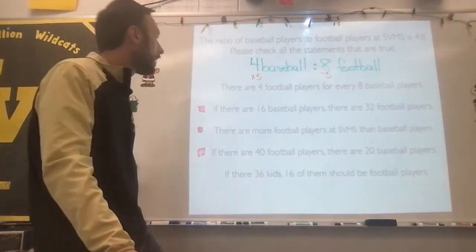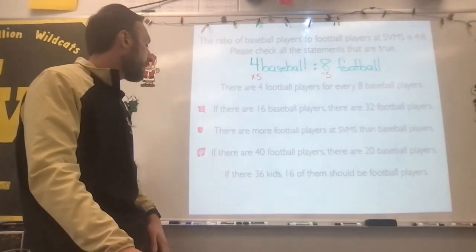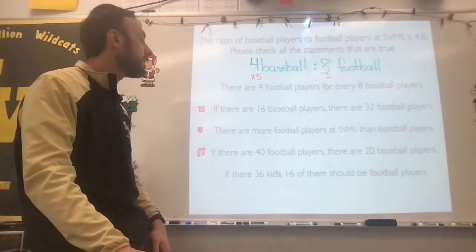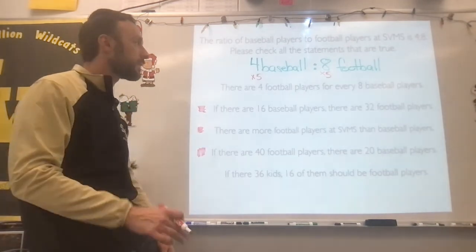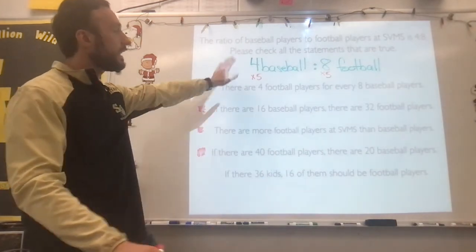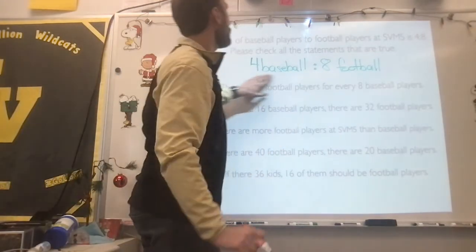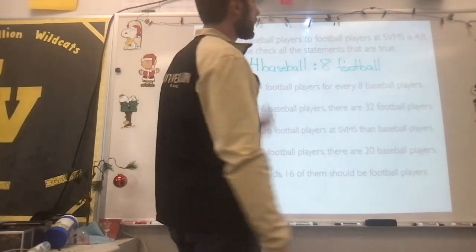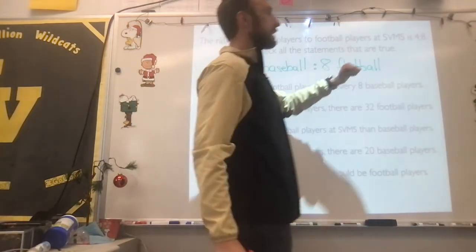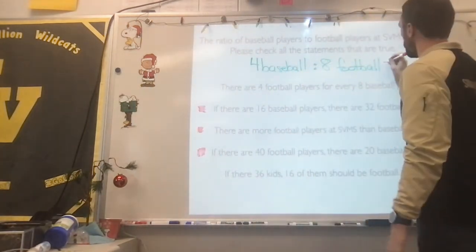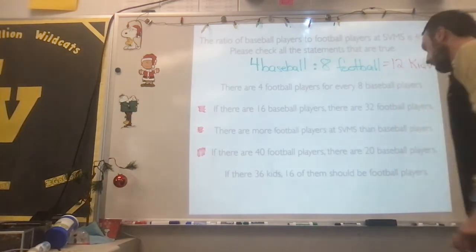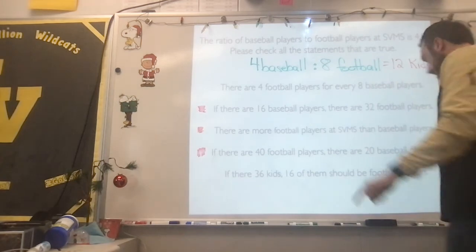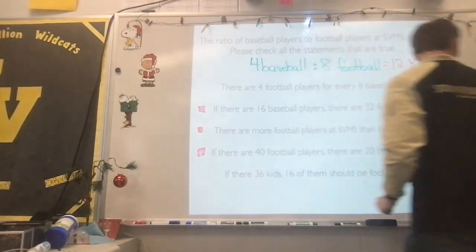Be careful. And last but not least, if there are 36 kids, 16 of them should be football players. So this is like the dance performer recital question we had before. I don't have kids in my ratio. I have football players and baseball players. Well, if I have 4 kids playing baseball and I have 8 kids playing football, wouldn't that mean I have a total of 12 kids? And my problem states I have 36 kids.